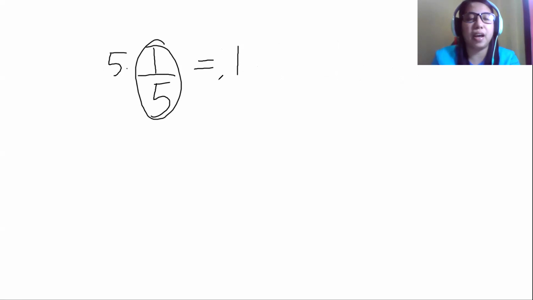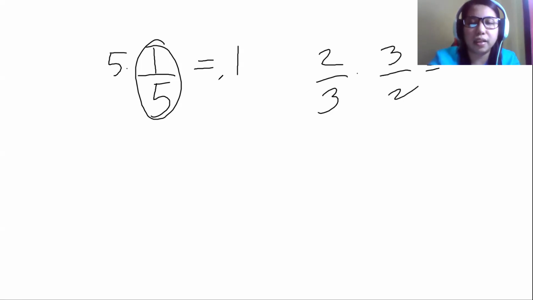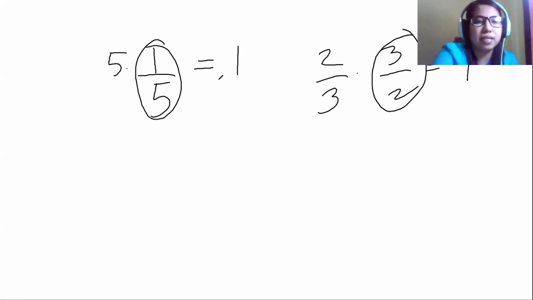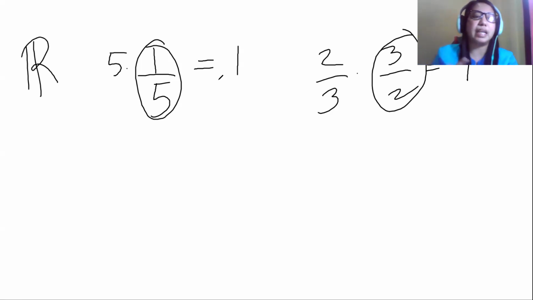So 5 times 1/5, or 2/3 multiplied by 3/2 to get 1. So these are the reciprocals, but this is for constant numbers.